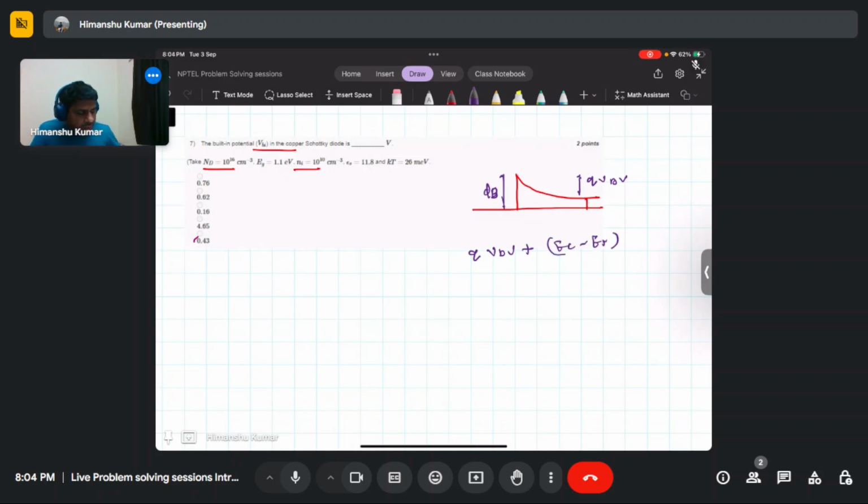So q times phi bi plus Ec minus Ef equals phi b, and from this you can calculate the built-in potential.